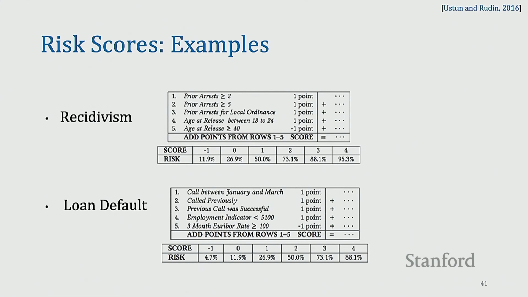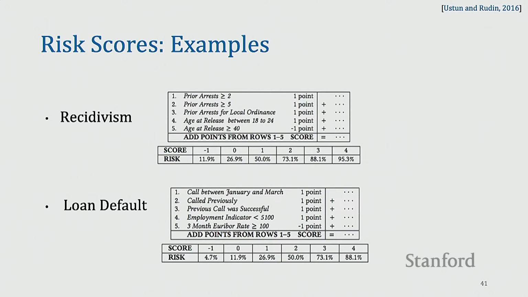So I'm going to let you see this as I pause for a minute. What you see here in these kinds of risk score lists is that for each condition, you're assigning points. For example, if the number of prior arrests is greater than or equal to 2, that's worth 1 point, right?